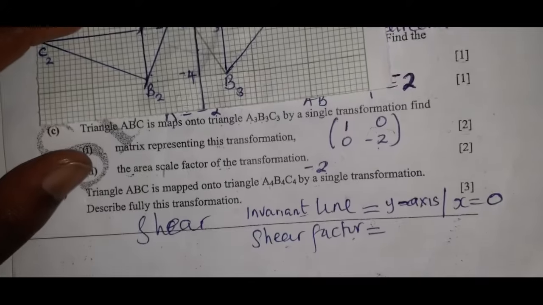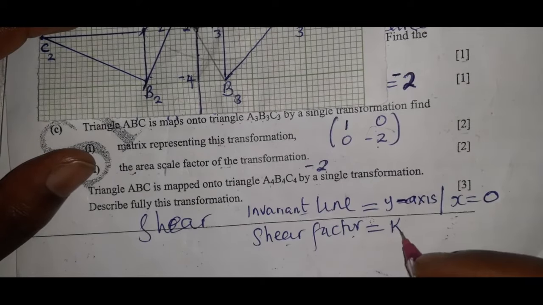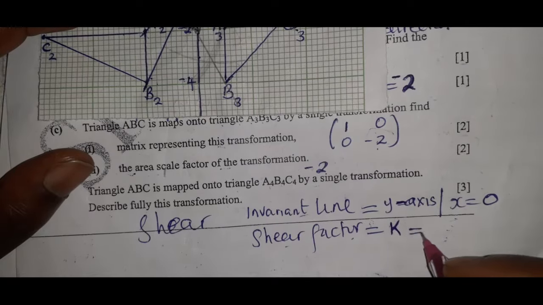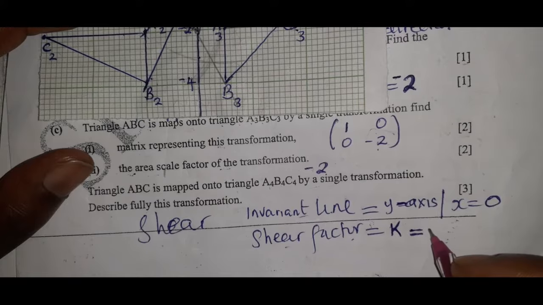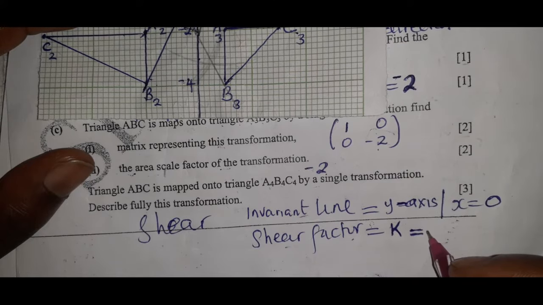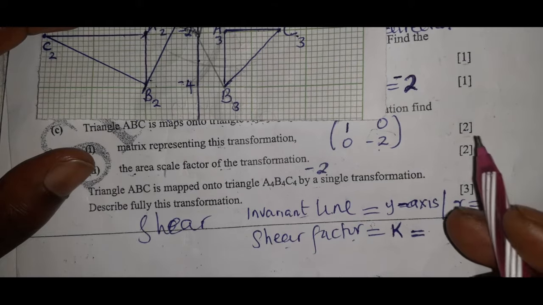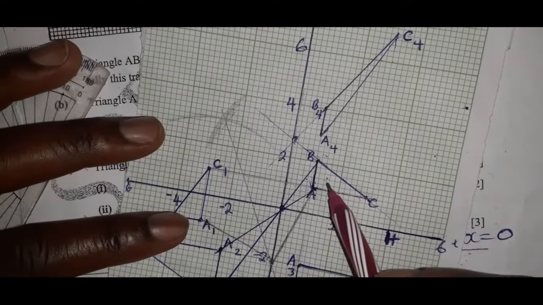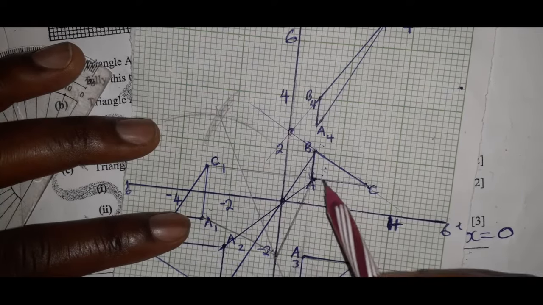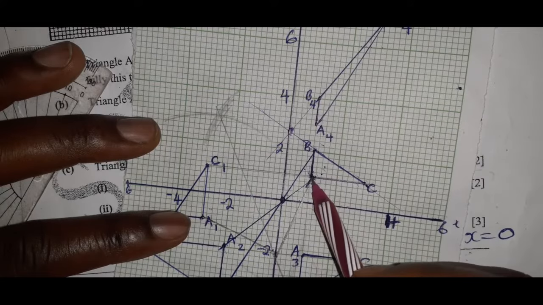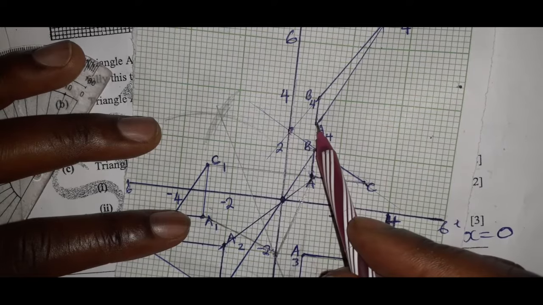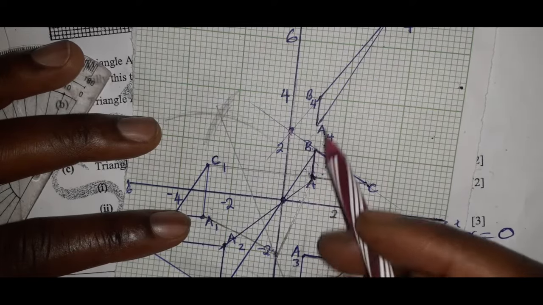Then now the shear factor here, which is k, is equals to the distance from the point on the object to its corresponding point on the image. So for instance, here a, the distance from a on the object to a on the image, it's 2, isn't it?